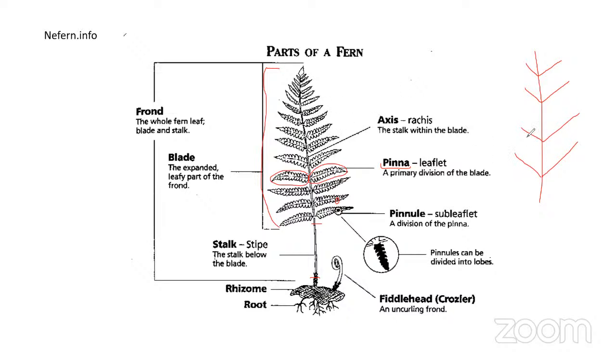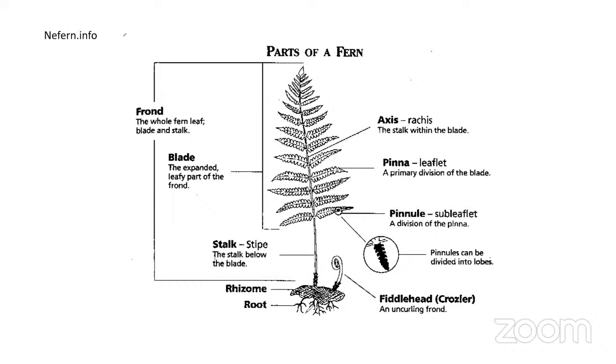Doubly compound means we have it happening again within each leaflet, like that. I know for a fact that we have an example of a doubly compound fern frond in the greenhouse upstairs. If we had one of these doubly compound structures, we would see that structure within the pinule. The pinule is like the leaflet on the leaflet. So it would have additional lobes.